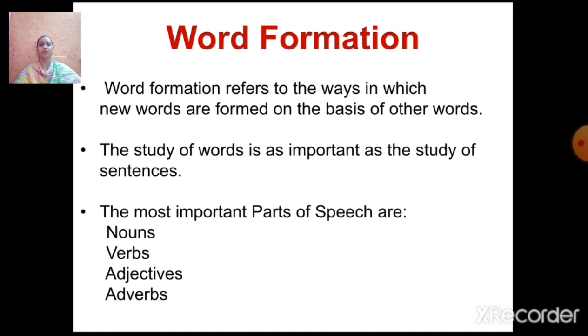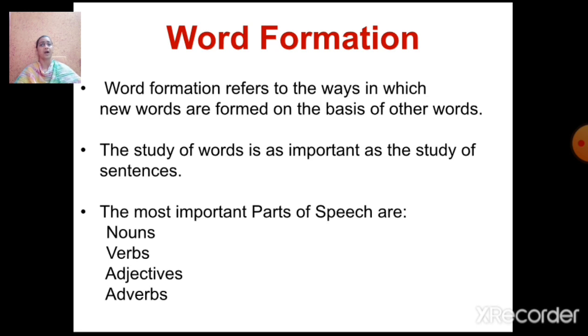We all know that there are 8 parts of speech, right? Like pronouns, prepositions, conjunctions, interjections, nouns, verbs, adjectives, and adverbs.